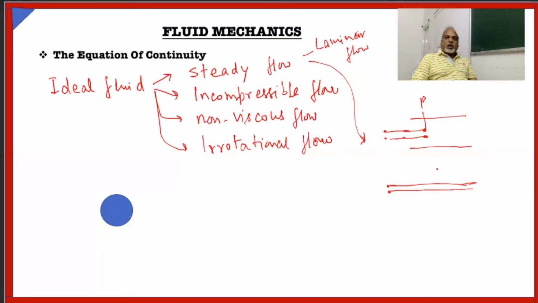Otherwise, flow conditions will change. In practice it is not so, but ideally we assume non-viscous flow. Irrotational flow means the fluid particles should not rotate along with the flow.